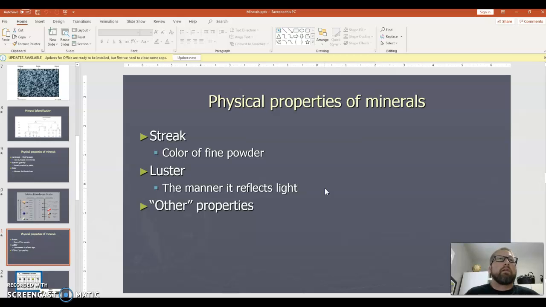That's a good little test to figure out what graphite is. And then luster, as we'll look at in the next slide or two, lots of different terms for luster. Tend to stick to just using a few of those. And then, as with anything, other properties, really those things that make the mineral stand out. Now, again, this would be a lot better if we had the samples in our hands.